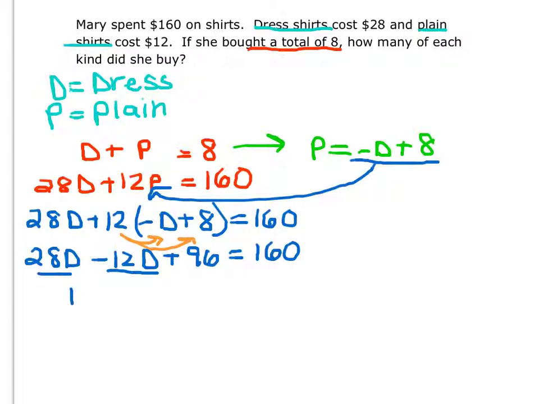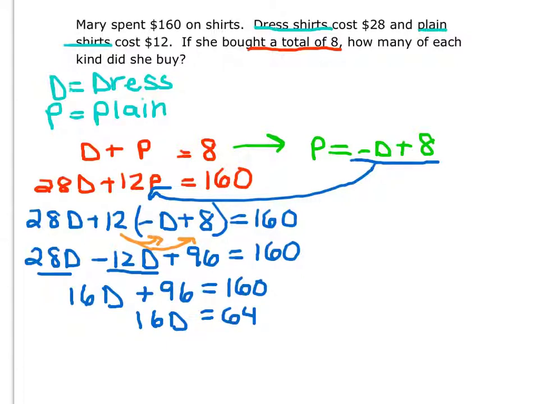And that gives us 16D plus 96 equals 160. And subtracting 96 from both sides, that leaves us with 16D equals 64. And dividing both sides by 16, D equals 4.